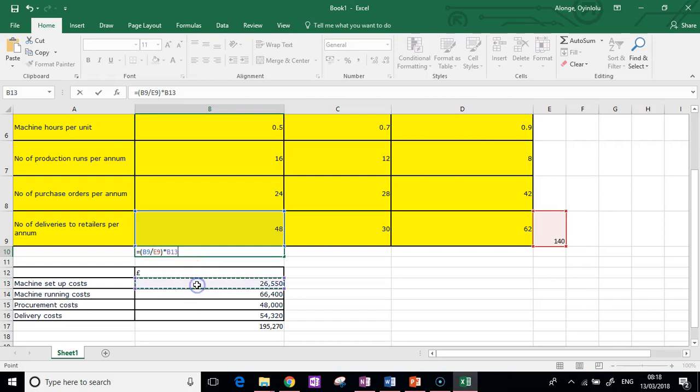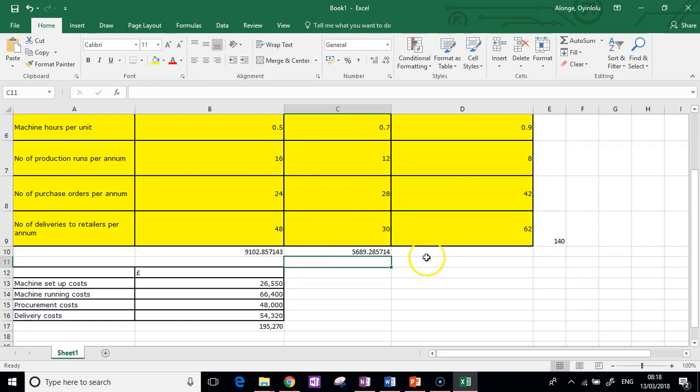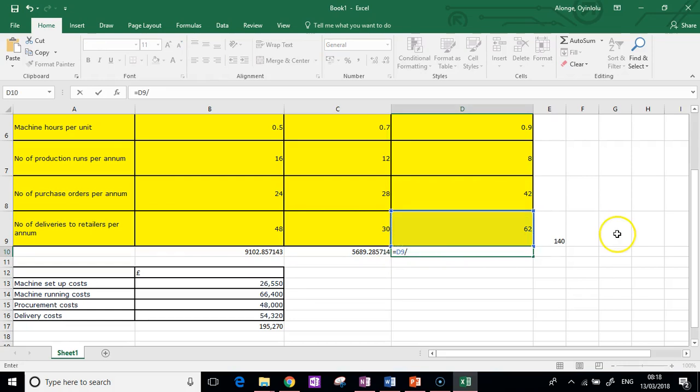So for widgets, it'll be 48 divided by 140, times 26,050, and that gives you the allocation. We can always bring that to a decimal. The same thing here is equal to 30 divided by the total, and then I would have exactly the same thing for the last one: this divided by the total, multiplied by 26,050.